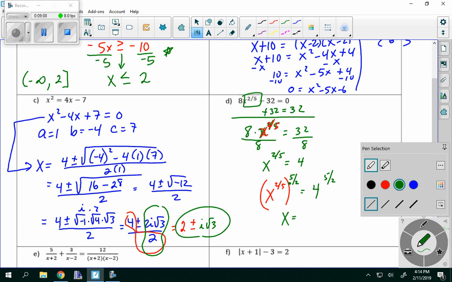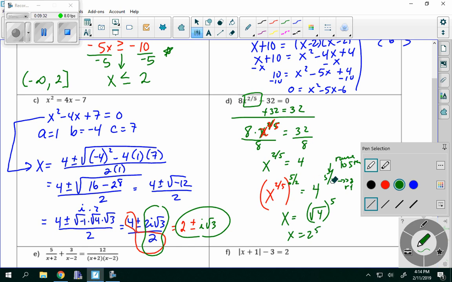And here we get the square root of 4 raised to the 5th power. This tells me to take the square root, and this tells me to raise it to the 5th power. So I get 2 to the 5th.